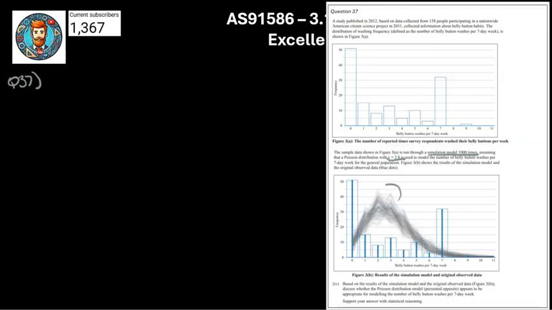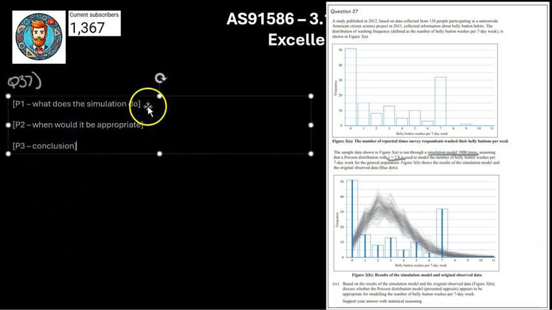You can see the peak of this simulated data is around 2.8, and there's a few people over here, and a few people at the beginning as well. Based on the simulation model and the original data observed, discuss whether the distribution model presented above appears to appropriately model the number of belly button washes per week in a 7-day week.